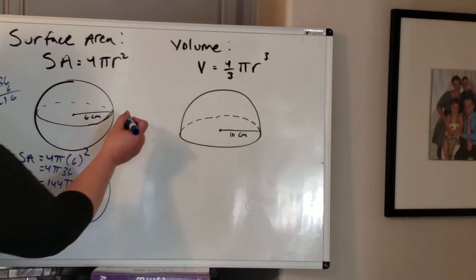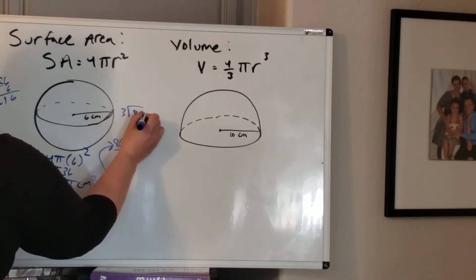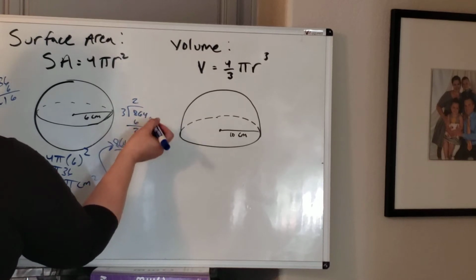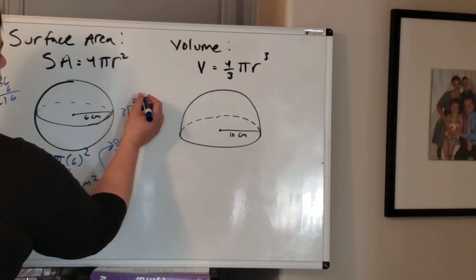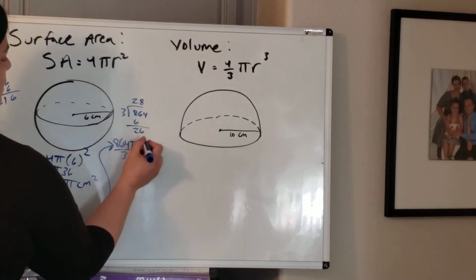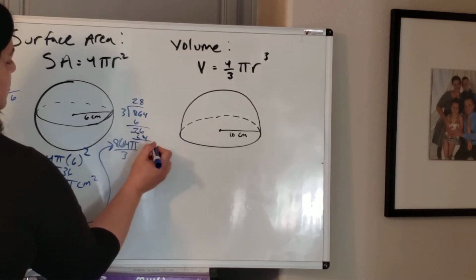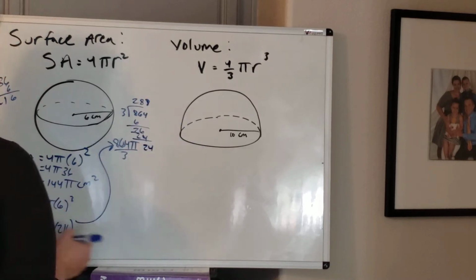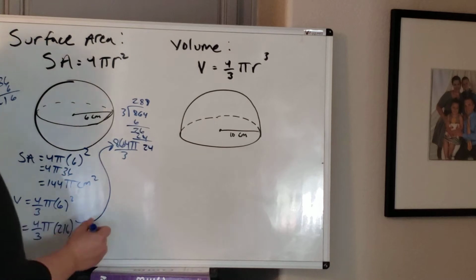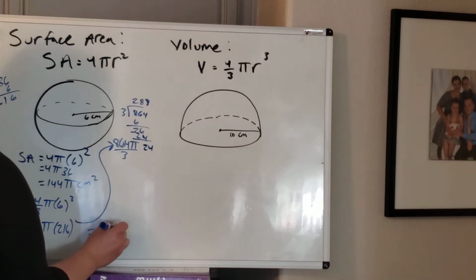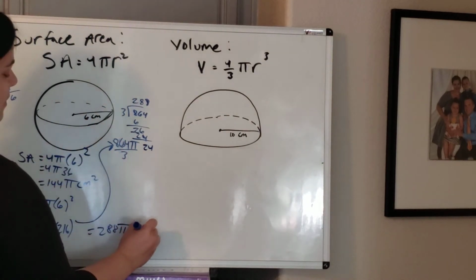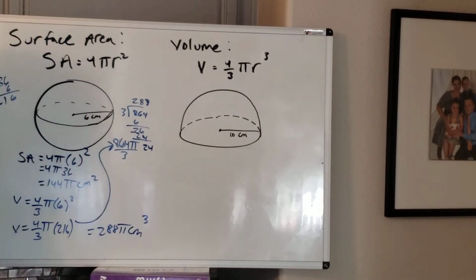Remember guys, fun fractions fall. 3 goes into 864 288 times. So our answer for the volume is 288 pi centimeters cubed, because we're in three dimensions.